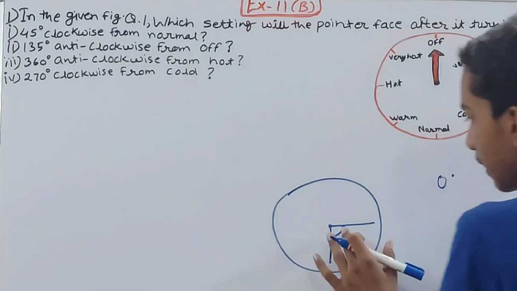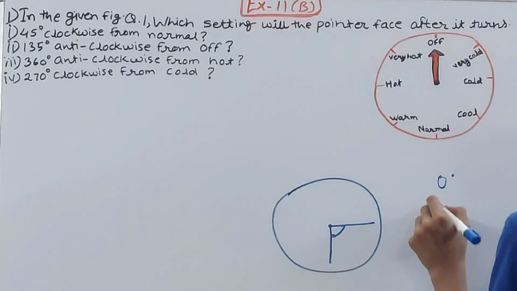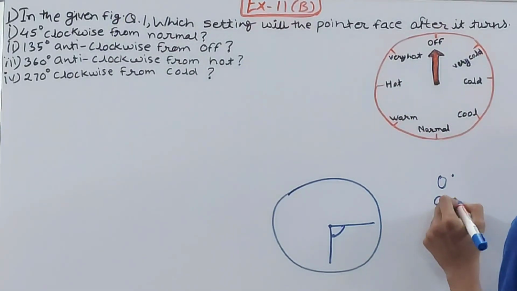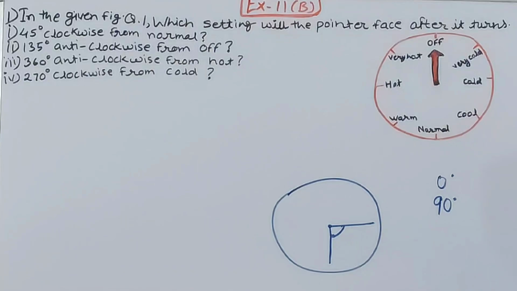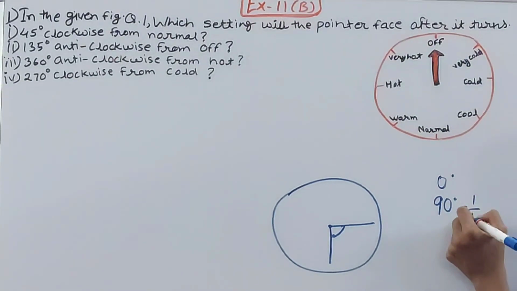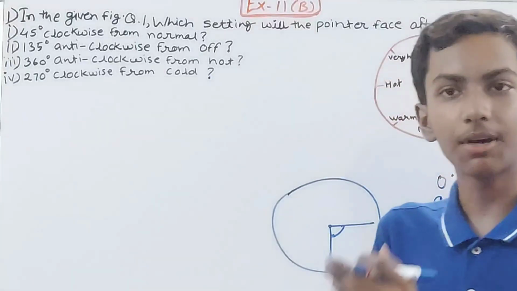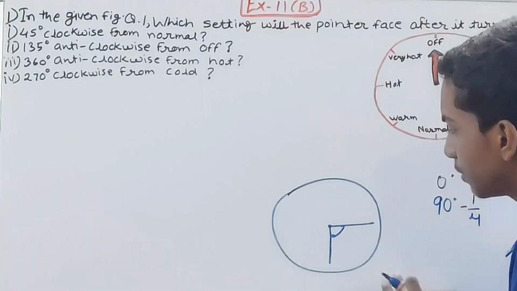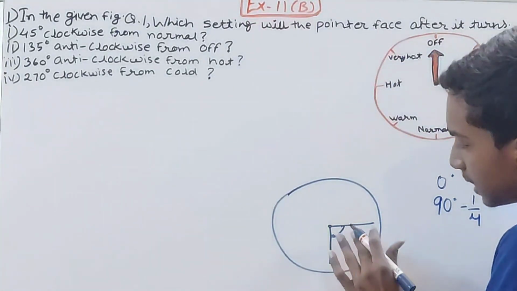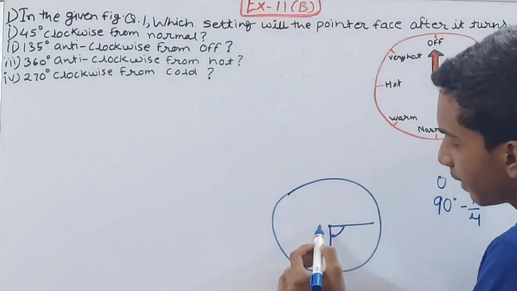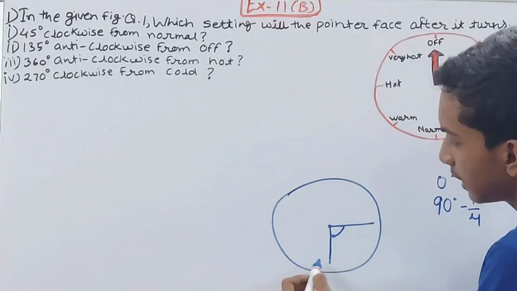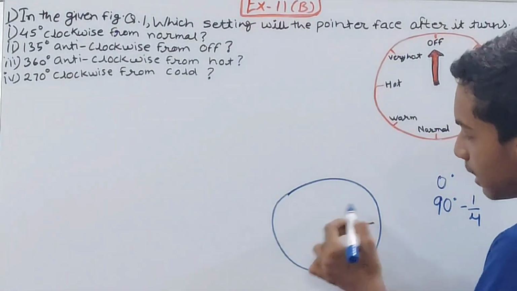If I go about this much, you can see this is 90 degrees. 90 degrees is called 1/4 of the revolution. That means we are covering 1/4 part of the figure. If you look closely, this is one part, and there is another part here, then another part here, and then another one here.